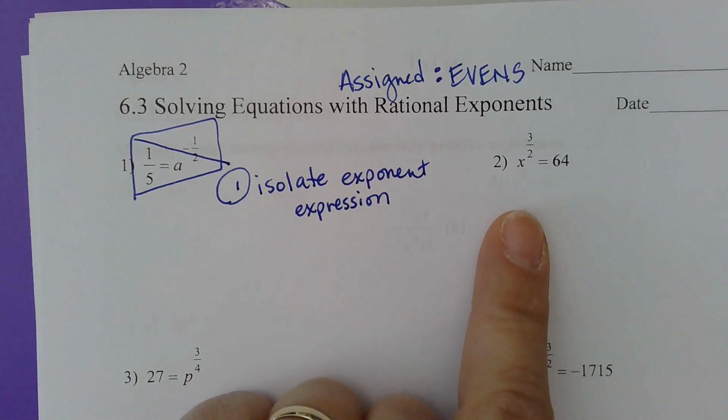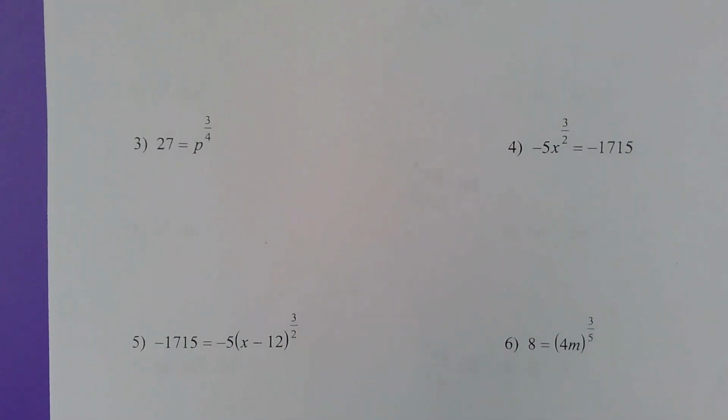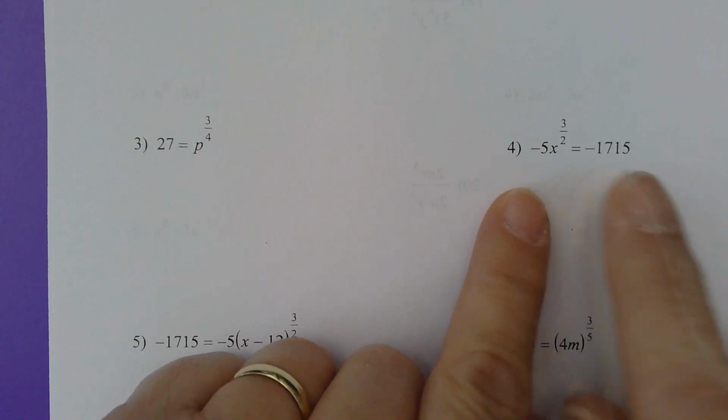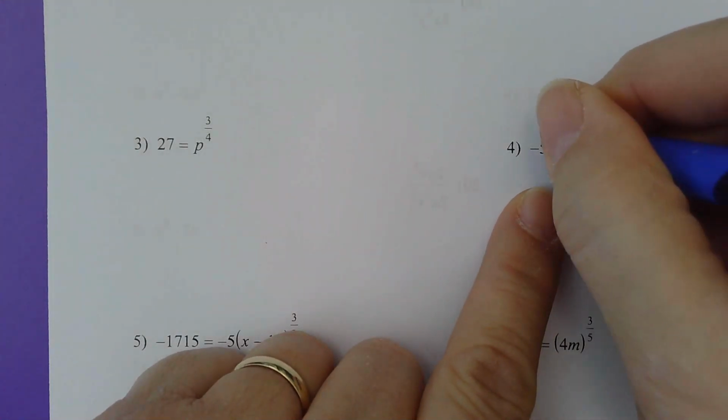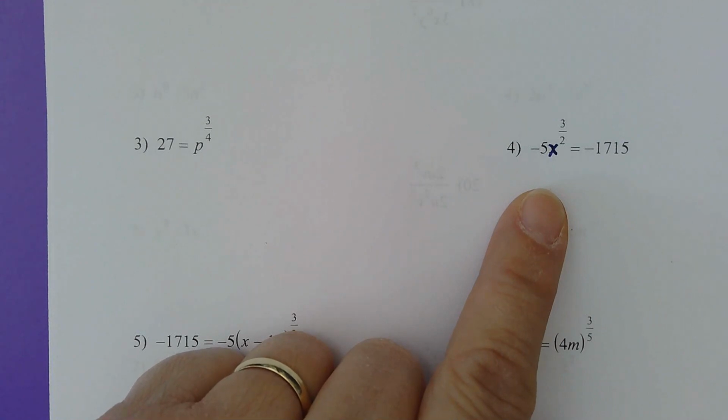And it may be that you have something that does have parentheses, like number 5. This whole expression has parentheses. Number 6, there's parentheses. That whole group has an exponent. That's different from number 4, where only the x has the exponent. So the parentheses make a big difference. Pay attention if there's parentheses or not.